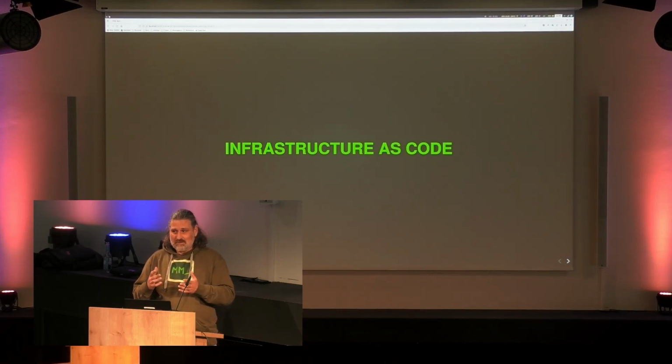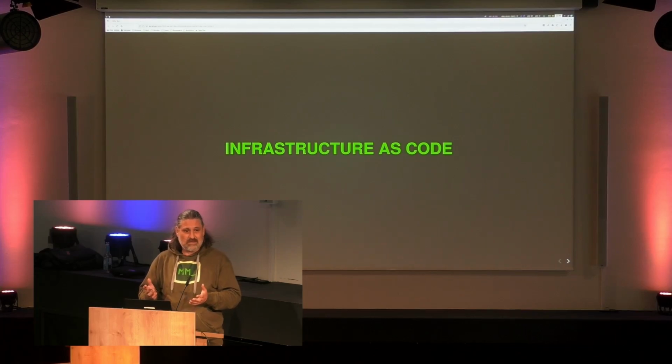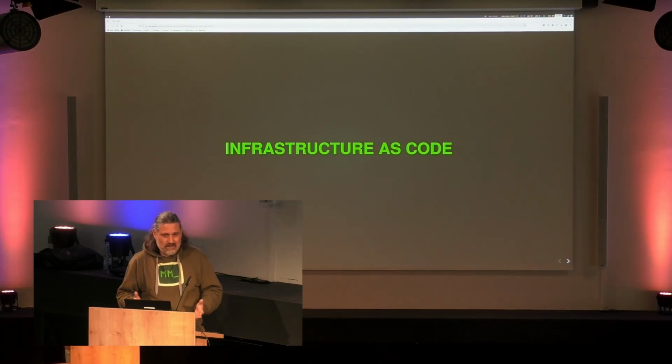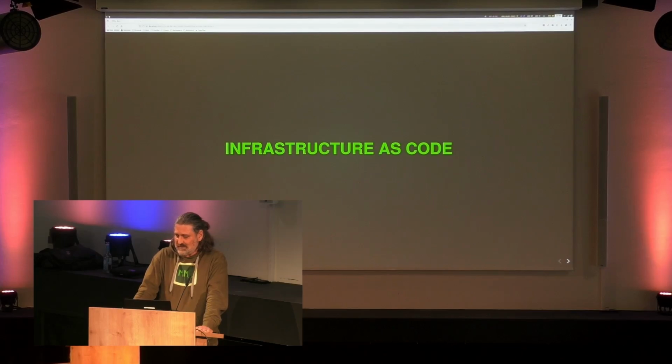We need to be able to maybe version things so that we can see what has changed since last week and what's now broken, things like that. And that's where IAC comes in, which basically tries to move server management into the same position as we are with software engineering nowadays, where everything is under version control, where everyone has insight into the code that is actually in production and things like that.